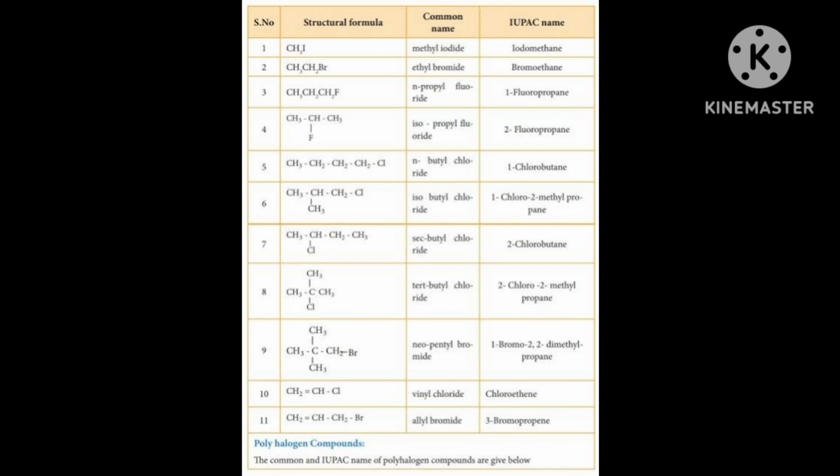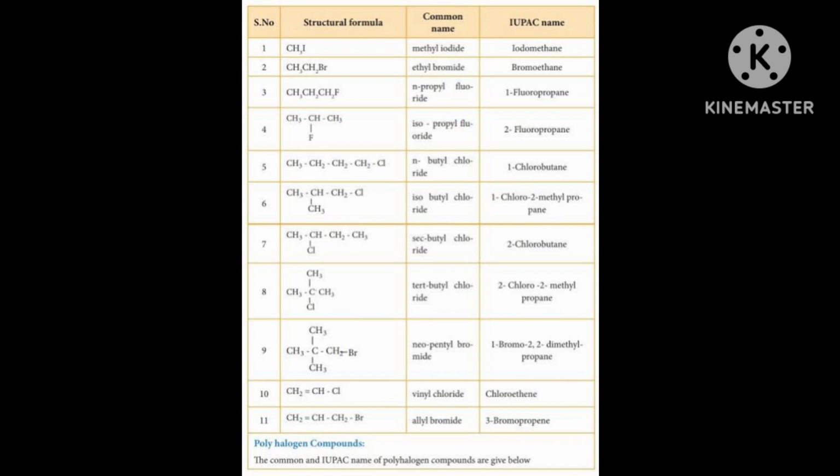When 3 carbons are there and a double bond is there between 2 of them, then it is called allyl bromide. Common name: allyl bromide.